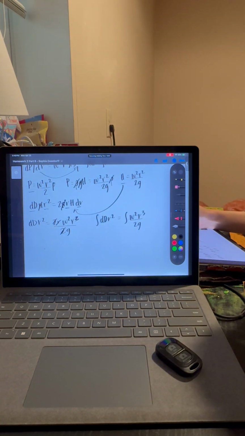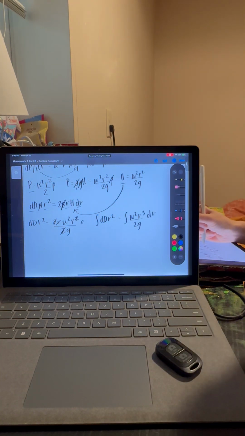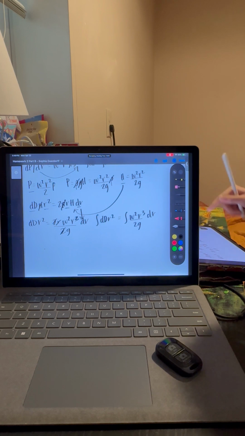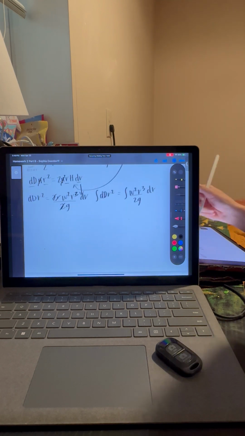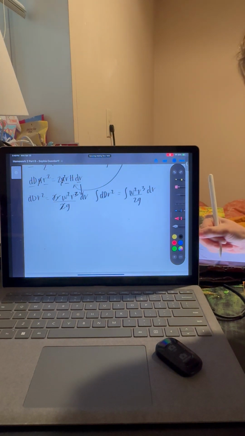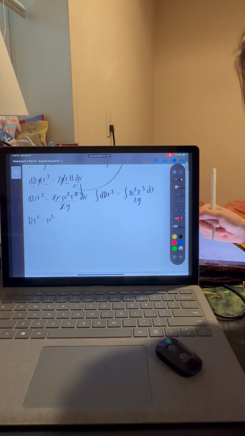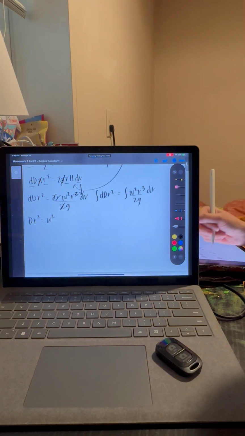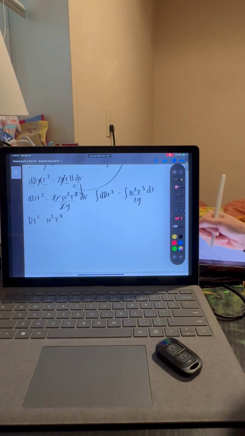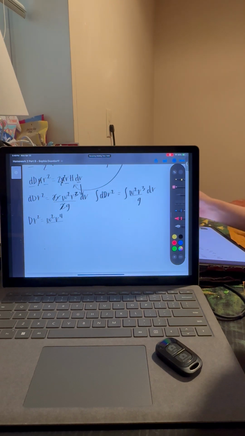Like this. Forgot to bring that down. So integrating this, as I said, we can do d r squared equal to omega squared times r to the 4th divided by, oh, I rewrote that. That's not true.